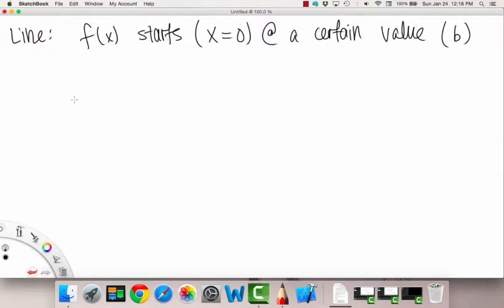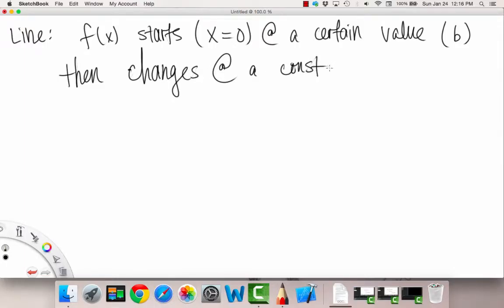Then after that point, and before that point too, it starts changing, and it changes at a constant rate, m, our slope, as x increases. And decreases too. We can't forget going to the left either.